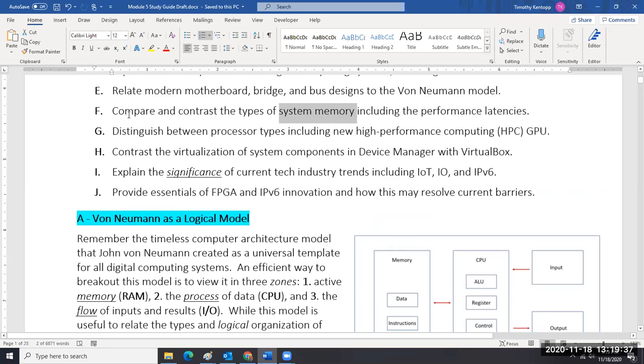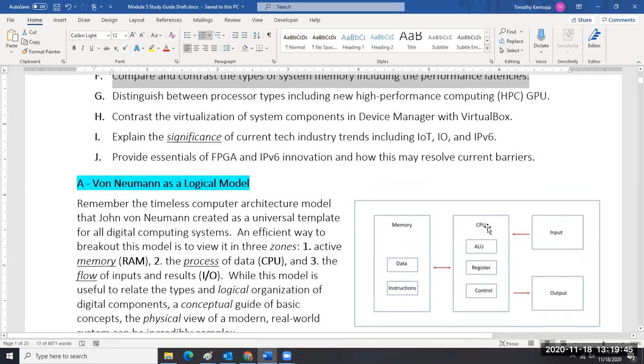And what I want you to be able to do is to compare and contrast the types of system memory, including the performance latencies. So one of the things that we have to consider about computer architecture is the idea that the farther away you get from the CPU, the slower things are.